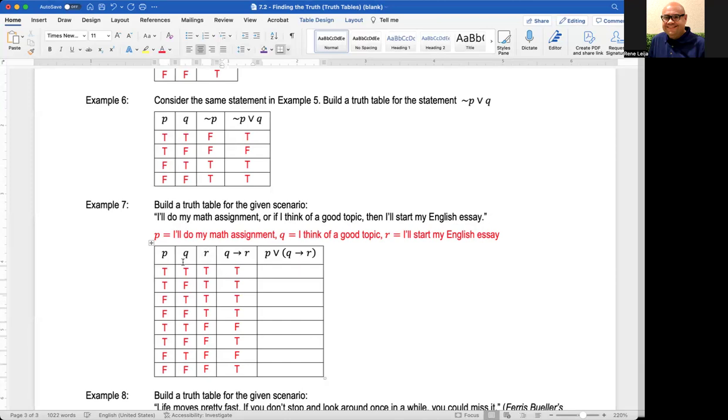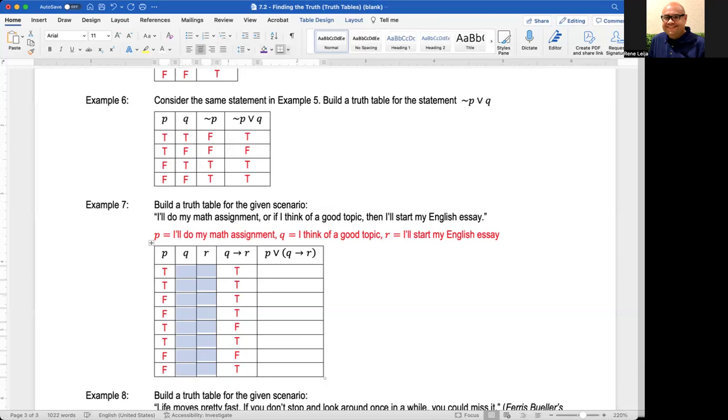Okay, so now we want, I'm going to hide this. Now we want P or this conditional column. P or if Q then R. Okay, so it's the or. So that means, would you like cake or ice cream?